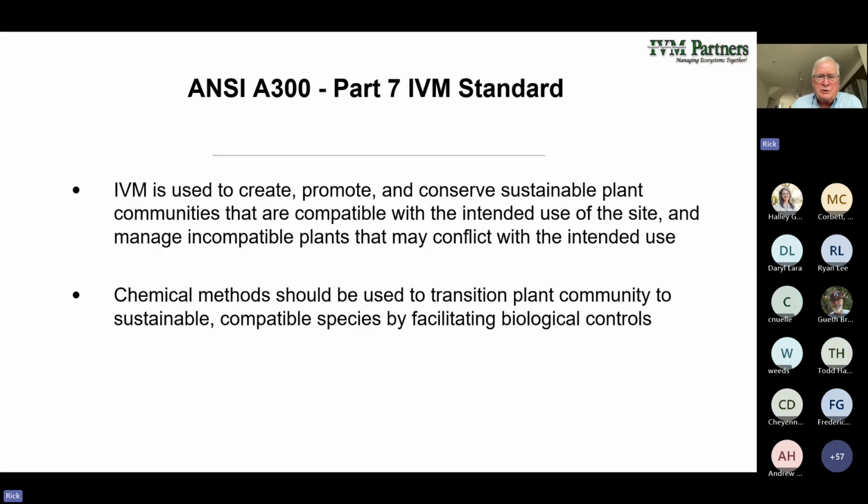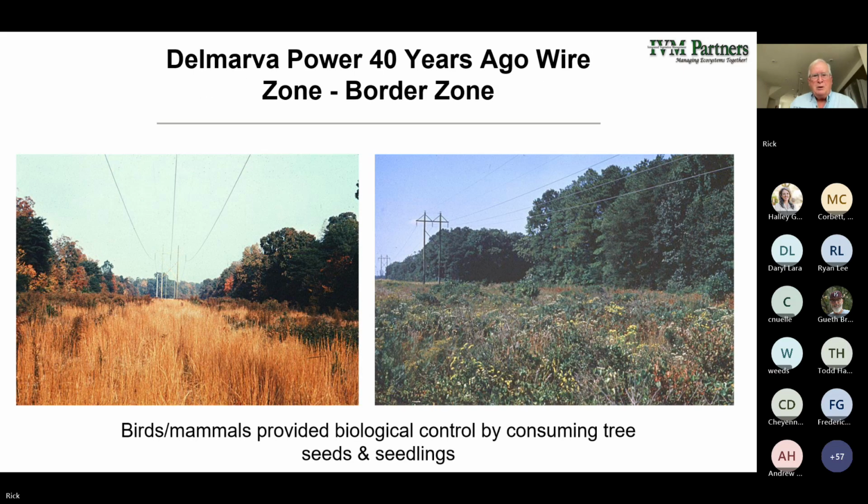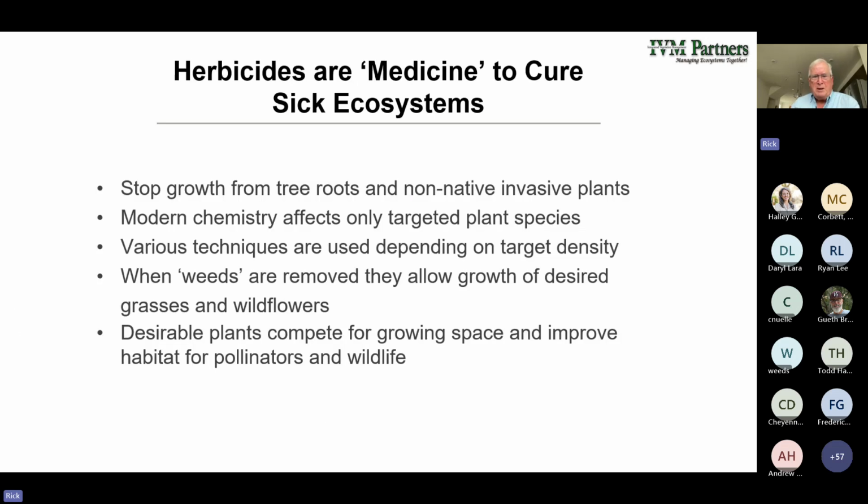Animals are going to feed on the seeds that drop in there, and plants compete with each other for sunlight, nutrients, and water. 40 years ago is when these studies came out from Bramble and Burns, and I incorporated those on Delmarva, and we took advantage of this and helped manage our right-of-ways in that fashion.